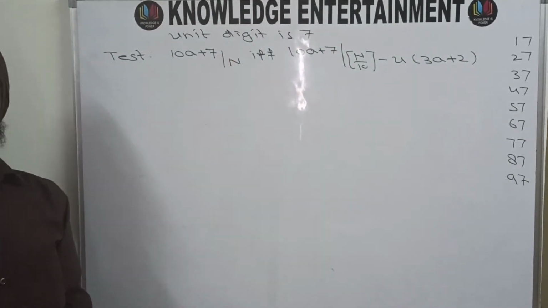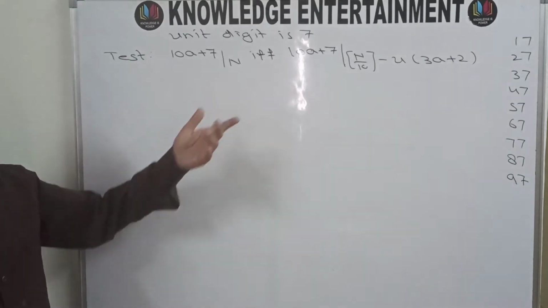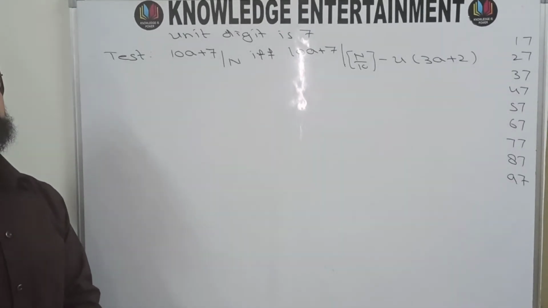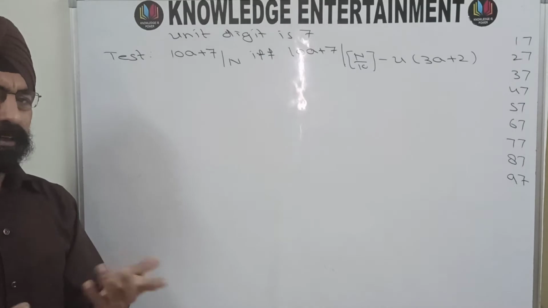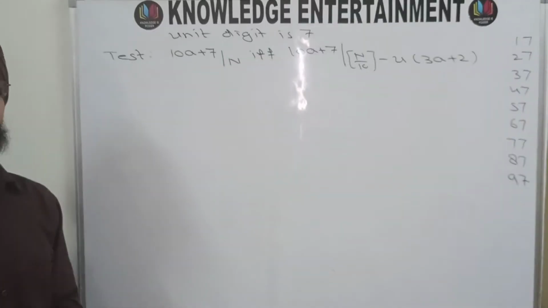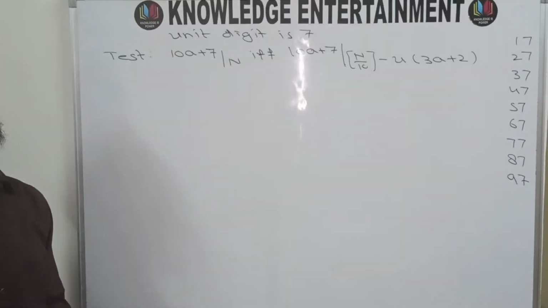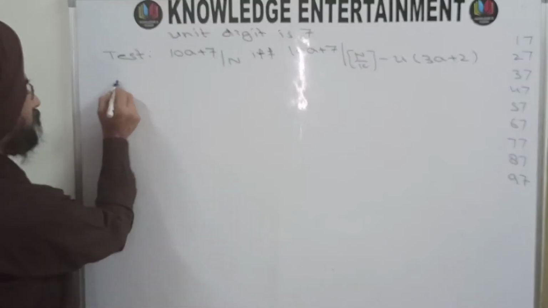So this divisibility trick will work when the units digit in the divisor is 7. So let us prove it first, and then once again we will have an example, and then we'll move on to the next test of divisibility where the last digit will be 9. So before that, the proof of this.